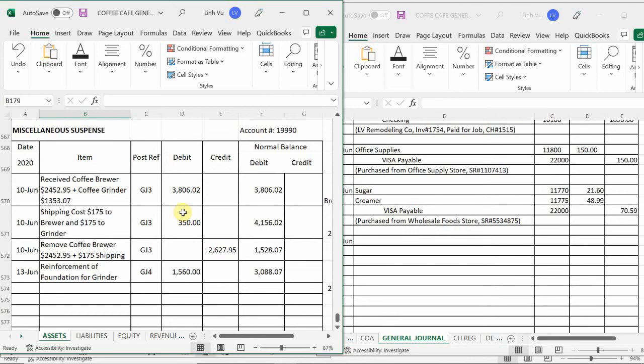Yeah, I was just thinking the electrical outlets being put into the office or the shop, wherever the coffee cafe is, could be considered an operating expense. In this case, we just built an outlet just for the coffee grinder, right?